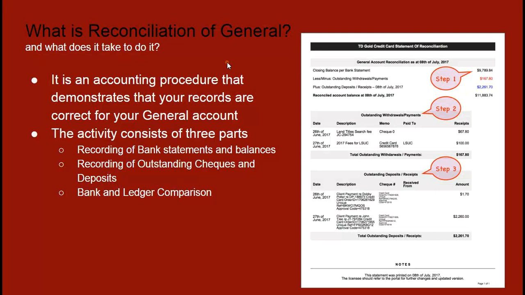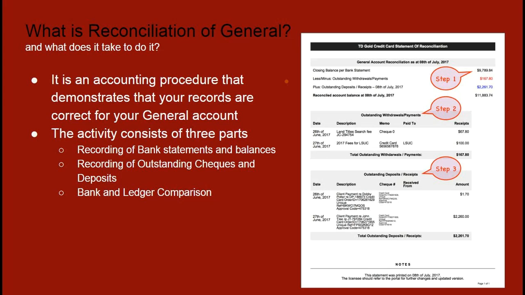From a reconciliation data point perspective, as you can clearly see, it has 1 step lesser than the trust reconciliation itself, which is that, of course, you do not have the client's trust listing as a requirement data point in the general reconciliation. That's pretty straightforward. But it's very similar to the trust reconciliation.